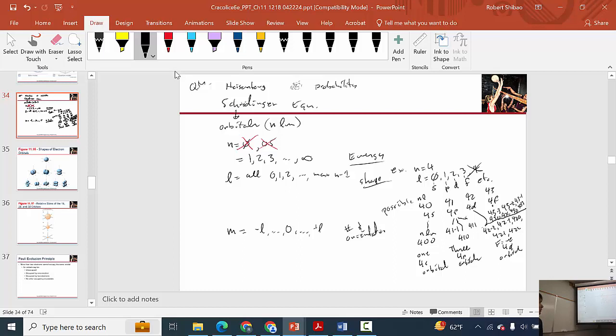It just comes from the mathematics of the Schrodinger equation. So if you plug in negative 3, it works. If you try to put in negative 4, it fails.